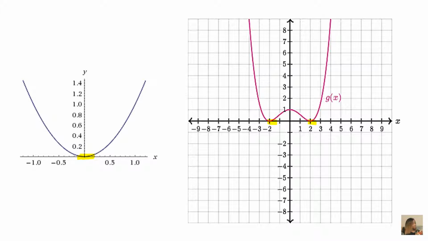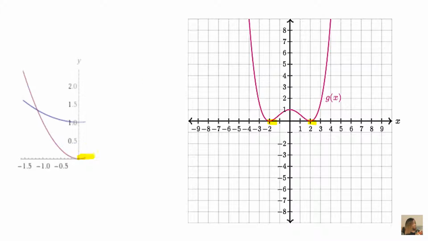But now let's take a look at our function, which is f of x equals 1/4 x squared plus 1, or x squared over 4 plus 1. Again, x squared has an x-intercept at 0, but when we multiply the function by 1/4, this expands it.